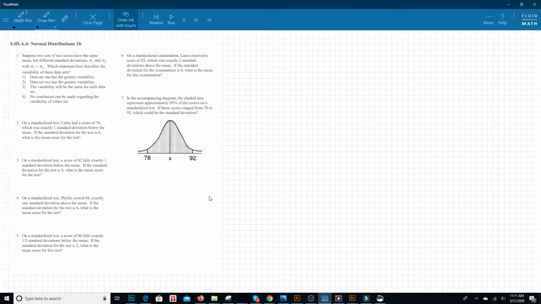So let's look at question 5. On a standardized test, a score of 86 falls exactly 1.5 standard deviations below the mean.